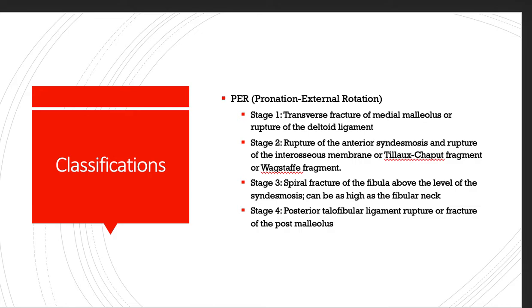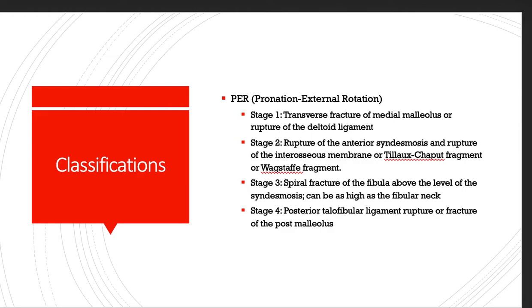This has 4 stages. Stage 1 describes a transverse fracture of the medial malleolus or a rupture of the deltoid ligament. Stage 2 is a rupture of the anterior syndesmosis or the interosseous membrane, or a Tillaux-Chaput fragment or a Wagstaffe.